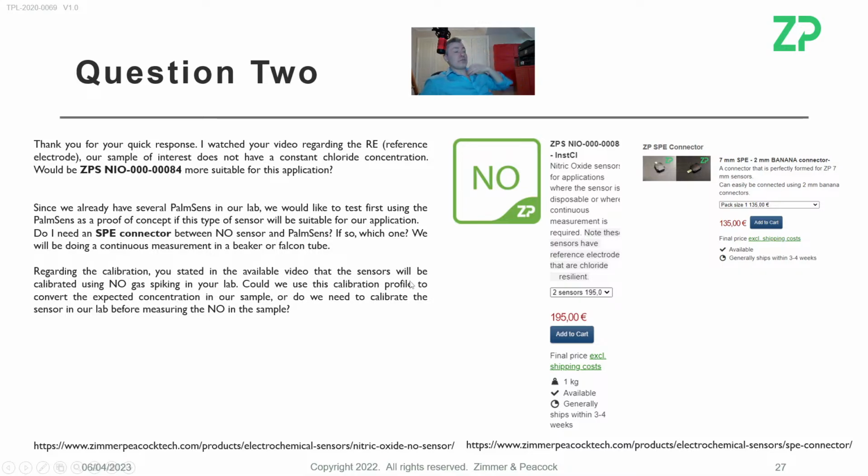At ZP, we will do quality control on these nitric oxide sensors before they go out. Obviously we want to know that they're functioning. But that test by us is not sufficient for you to just use our calibration. Unfortunately, you do have to use your own calibration, because in every sample type it's different.